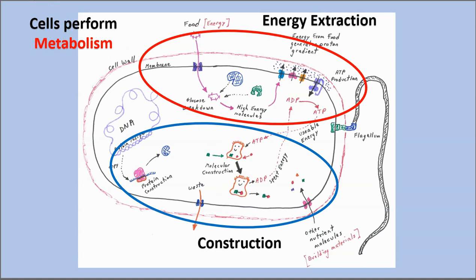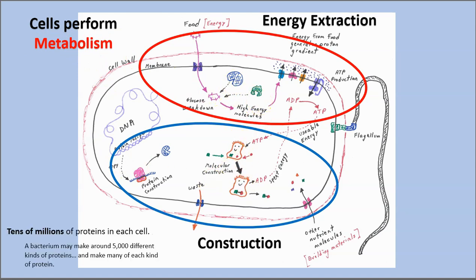We can identify two categories of chemical reactions: those involved in extracting energy from food, for example, and those involved in building things, construction projects. Together, that's what we mean by metabolism, those life-sustaining chemical reactions that keep a cell going.